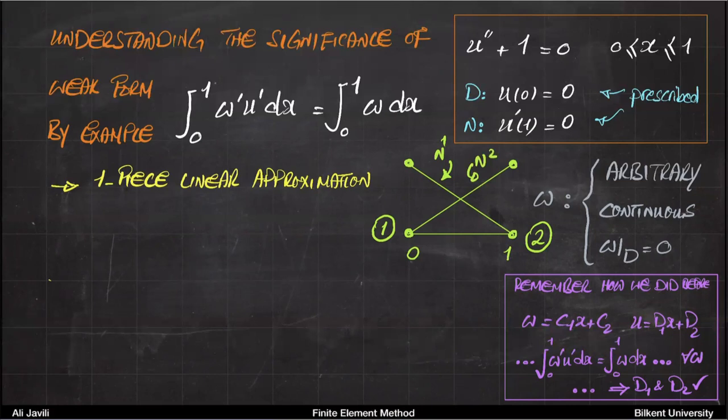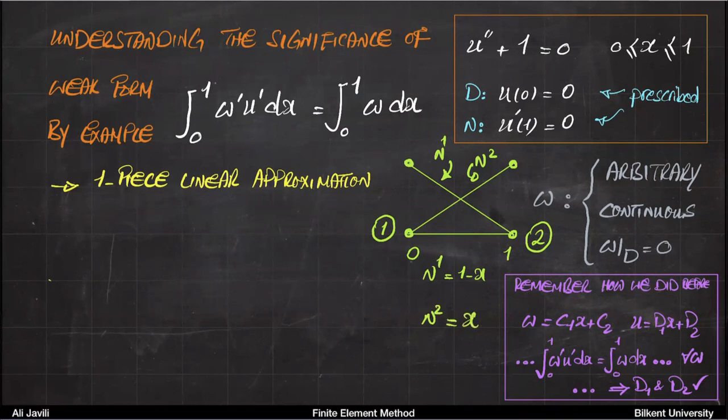This superscript is always the node number, in accordance with what we have done before. If you write these shape functions, you can immediately see that N1 is 1 minus x, and N2 is x. It's not difficult to write these two functions.